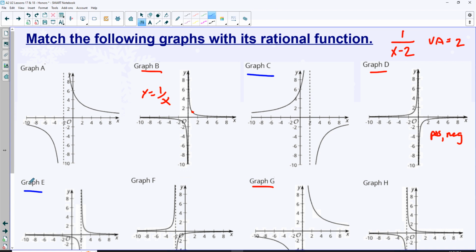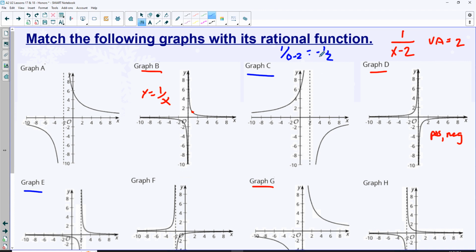Okay, so which one now makes more sense? So let's see. Hey, you know what? Now we can plug 2 in. Or sorry, we can plug not 2, but 0. We get 1 over 0 minus 2, which is negative 1 half.